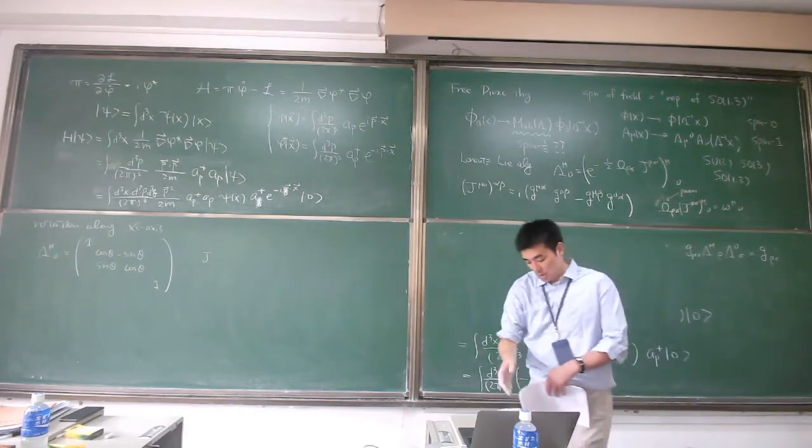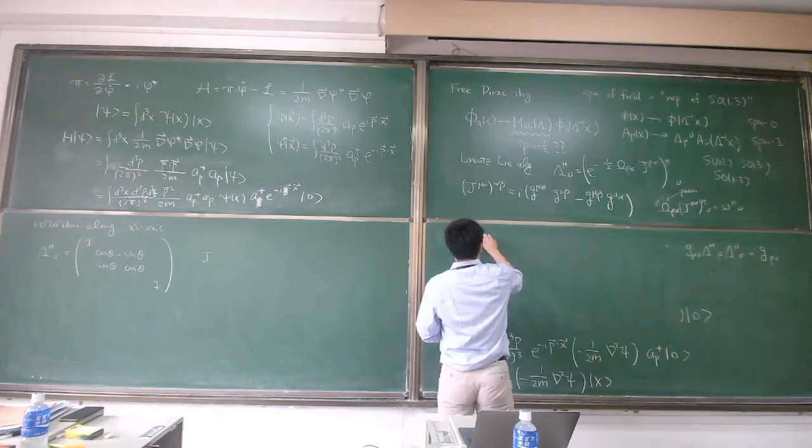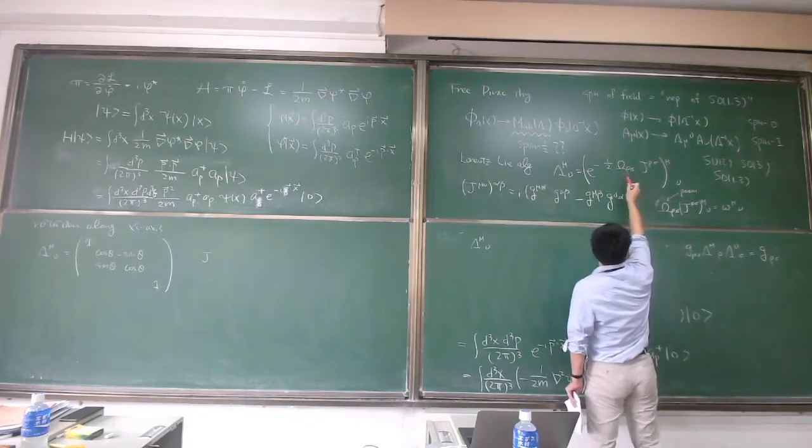Here we write lambda mu nu, and we take this capital omega to be very small.